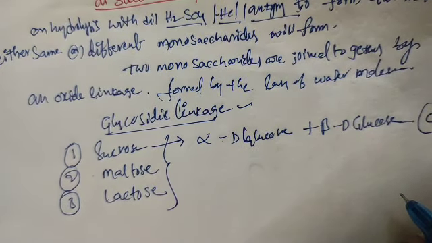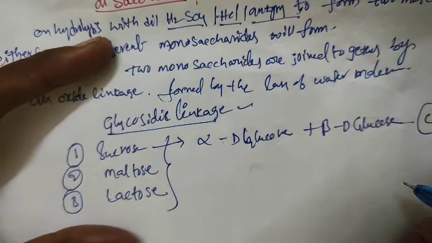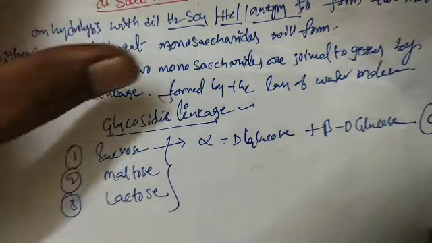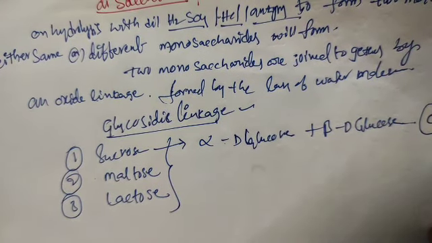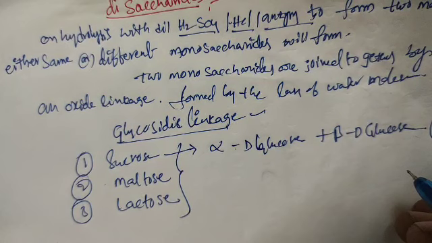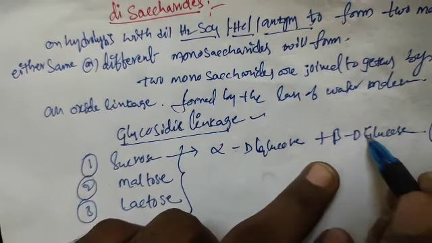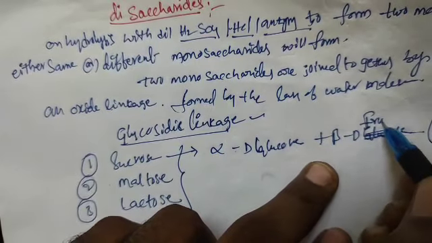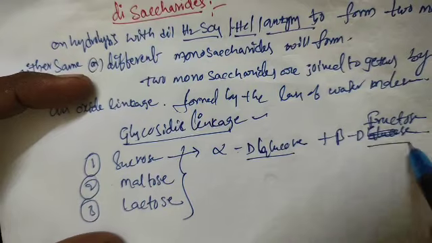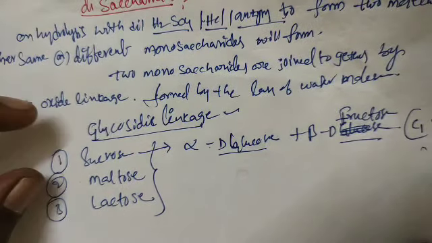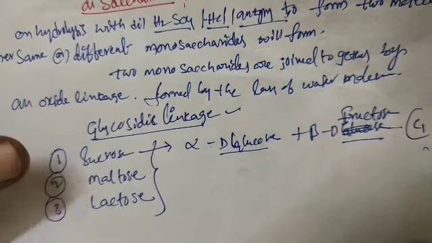On hydrolysis it gives an equimolar mixture of D glucose and D fructose. So when these two are joined we get sucrose.